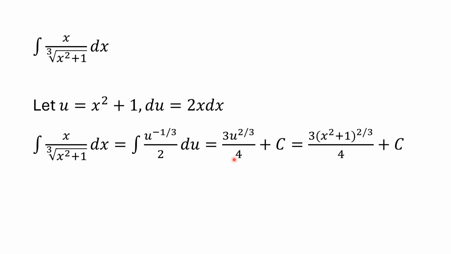So what we're going to do is divide by 2/3, and that flips up to 3 over 2. 2 times 2 is 4. Plus the constant of integration. And we would always substitute back because we want an answer in terms of x. So this is going to be 3 times (x squared plus 1) to the 2/3 over 4 plus c.